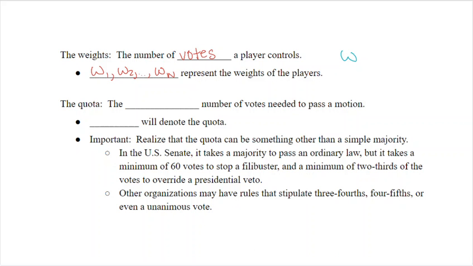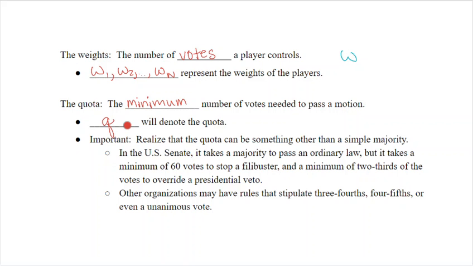And the third important piece of a weighted voting system is the quota. The quota is the minimum number of votes needed to pass a motion. And we are going to use a lowercase letter q to denote the quota. So it depends on the situation what your quota is.